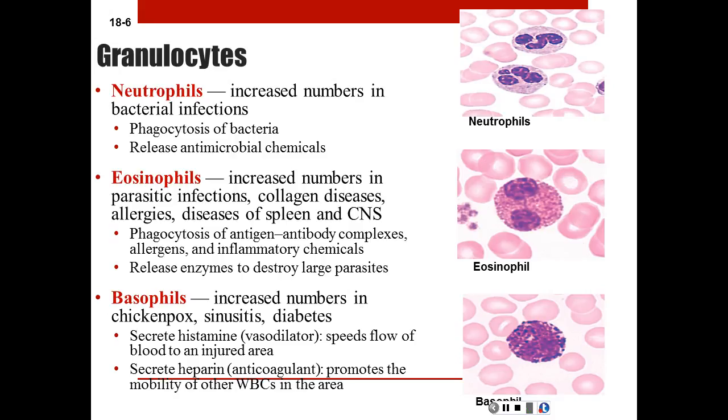Now, basophils secrete histamine and heparin. Histamine is a vasodilator that also makes blood vessels more permeable, and heparin is an anticoagulant. The basophils also release chemicals to attract eosinophils and neutrophils to an infected site.